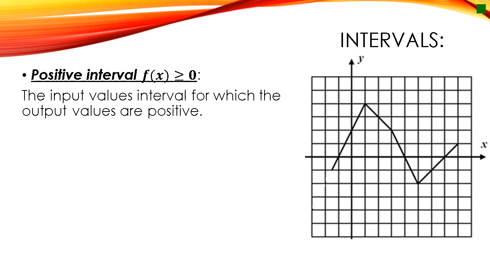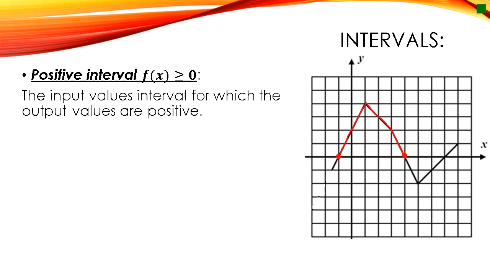If we look at the graph from left to right, we will see that we start at -1, the first zero of the function, which means y equals 0 right here. As the x values increase, the y values are positive. They're all above the x-axis, which means they're all positive y values until we reach the second zero of the function.